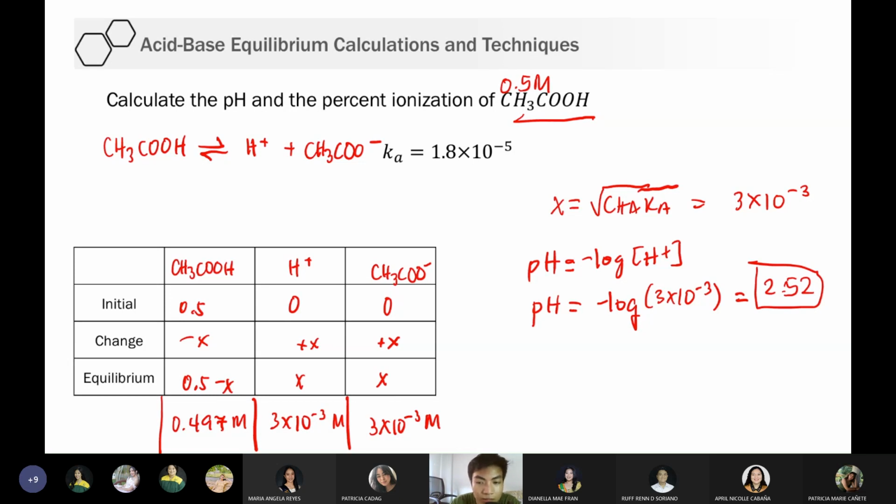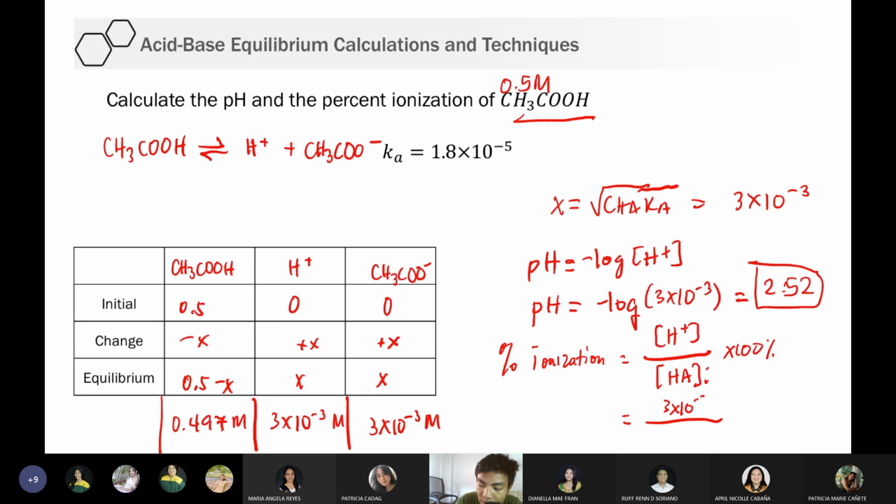How about the percent ionization? So kanina, percent ionization is given as the concentration of H plus divided by the initial concentration of your acid times 100%. So that will be 3 times 10 raised to negative 3 divided by 0.5 times 100%.